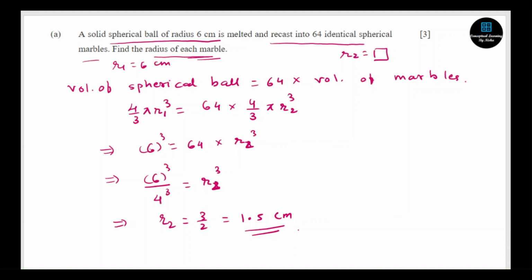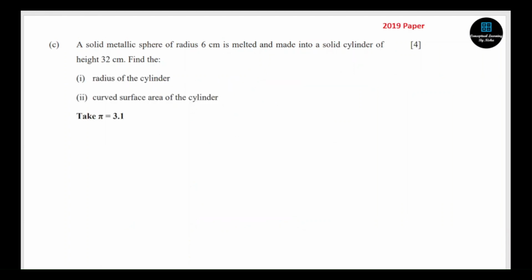Now this is a 4-marker question where a metallic sphere is melted into a cylinder of given height, and we have to find the radius and CSA. Simple question, very straightforward. So the volume of sphere equals volume of cylinder.